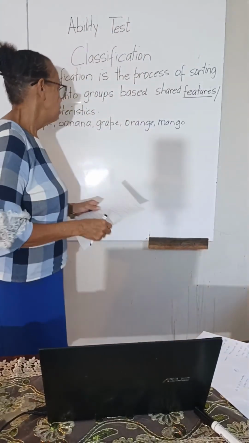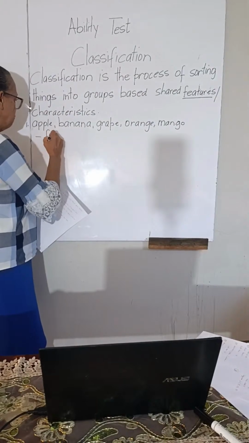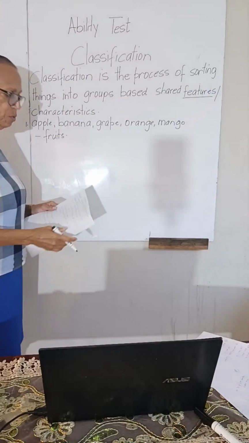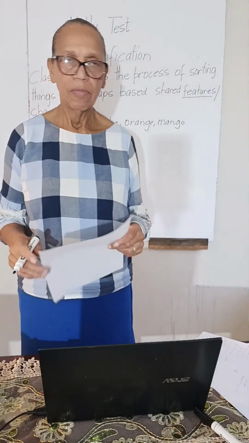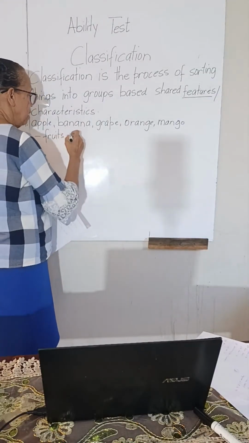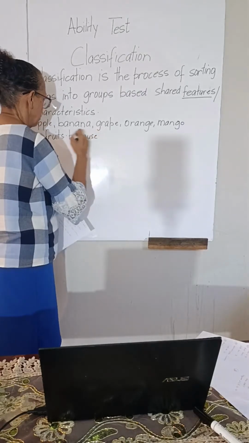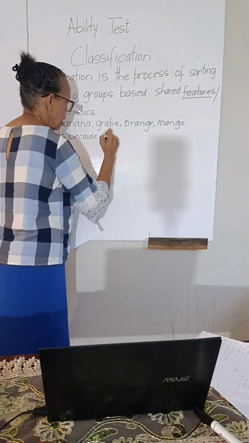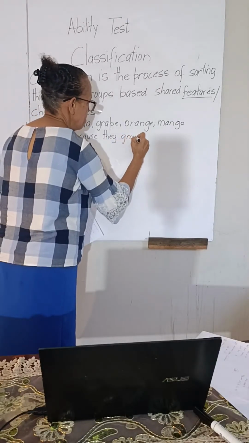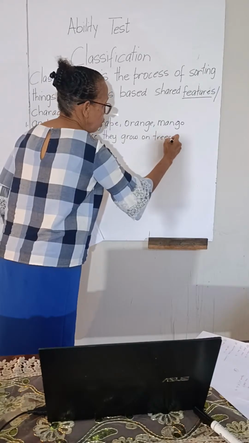All of these are fruits. You would agree with me? Why do we say they are fruits? What they have in common, they are fruits because they grow on trees or plants.